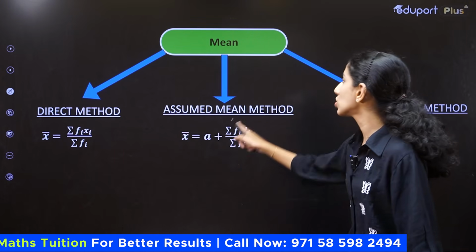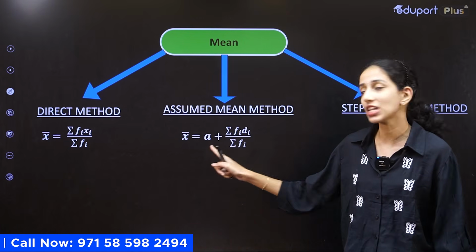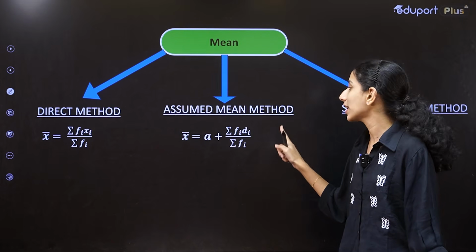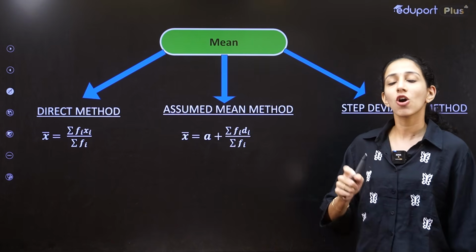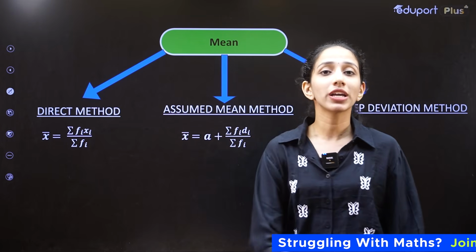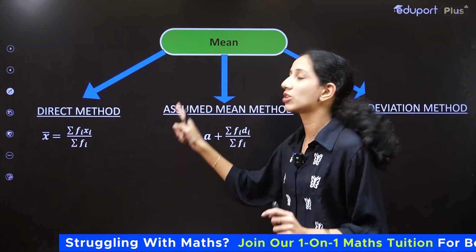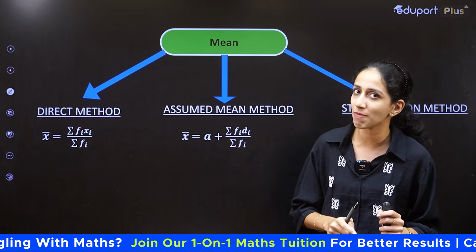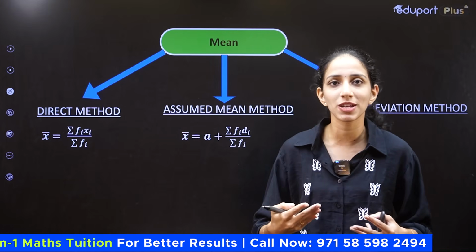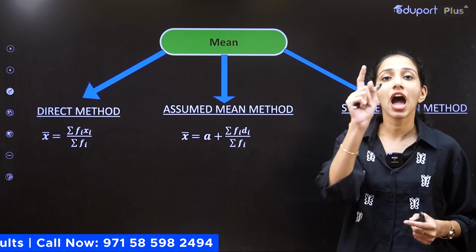We first find fi xi, the product, then find the sum of those fi xi's and the sum of fi, then divide the two values. The next method is the assumed mean method, and the formula for finding the mean using it is a plus sigma fi di by sigma fi. Write down the formula in your notebook. What is a?